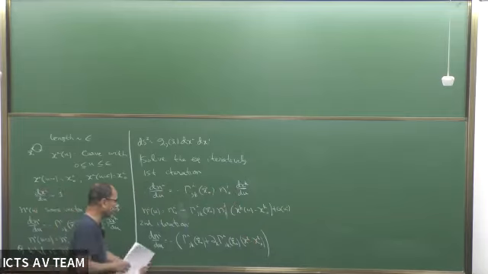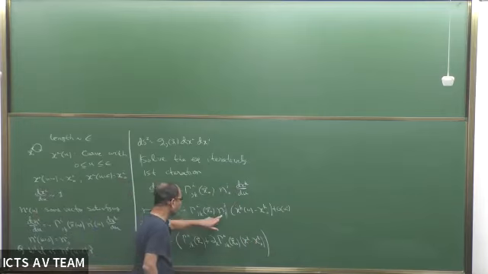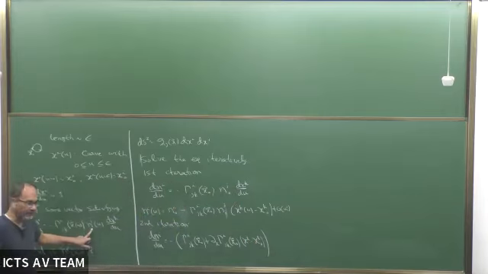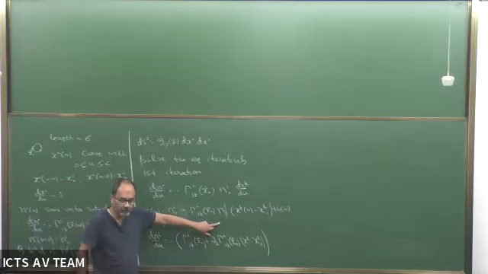Next term will be order u square, which will contribute here. After you integrate, it will give order u cube contribution, which is not what we are looking for. So this we expanded like this. So nj, we have to expand to order u. But we have already found nj to order u, so we are going to substitute this.